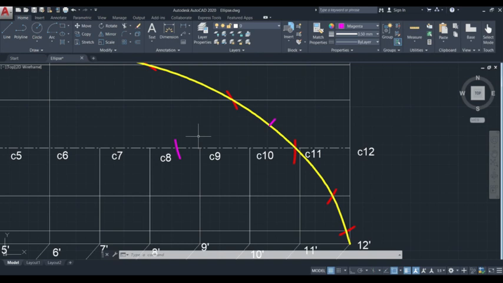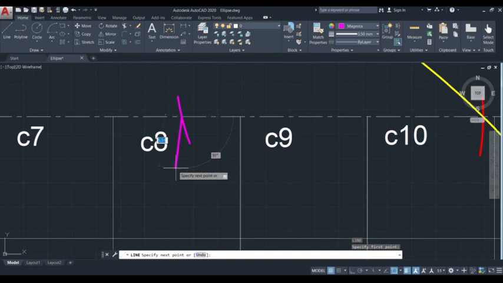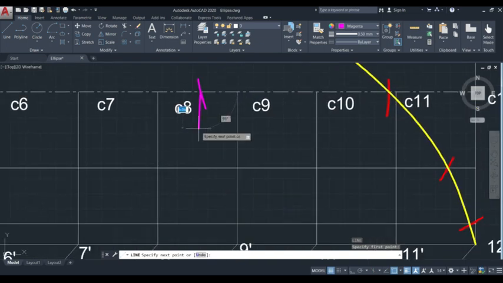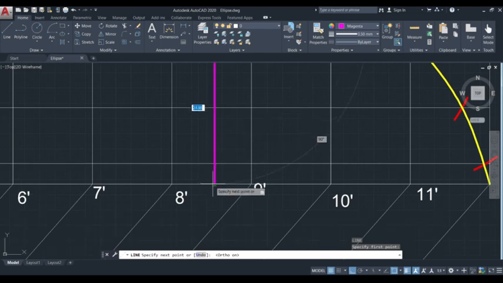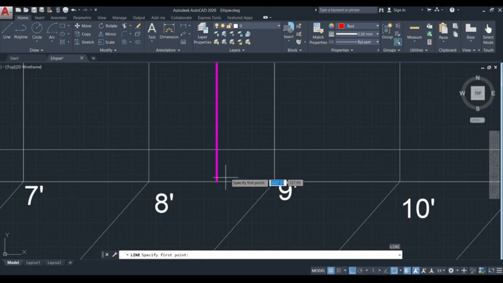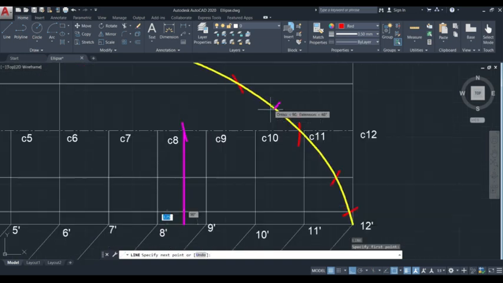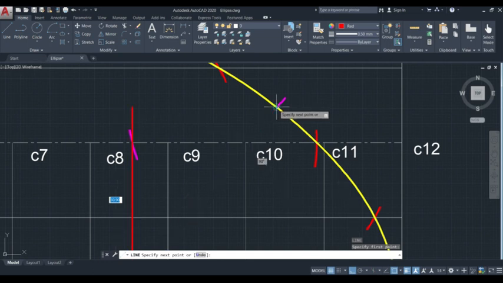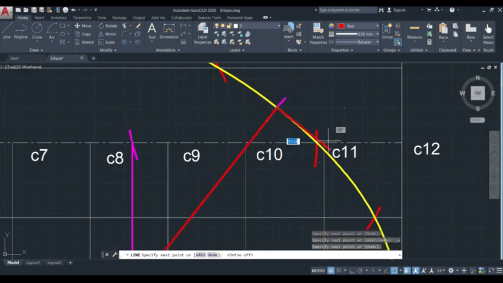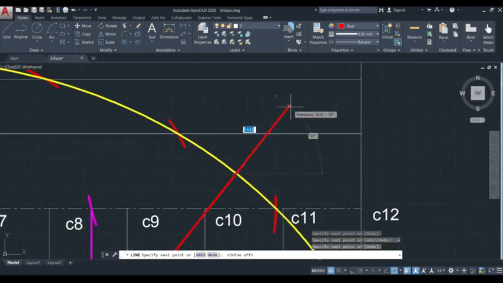Next step is we have to draw a straight line from the intersection point of the arc and line. We have to draw a straight line which is perpendicular and intersects at the base point here. We have to draw a line connecting this point to the point which we have taken for drawing the tangent and normal.